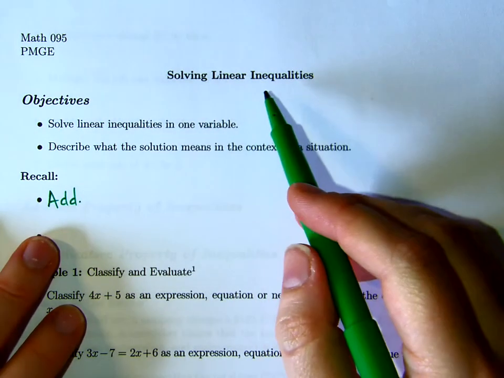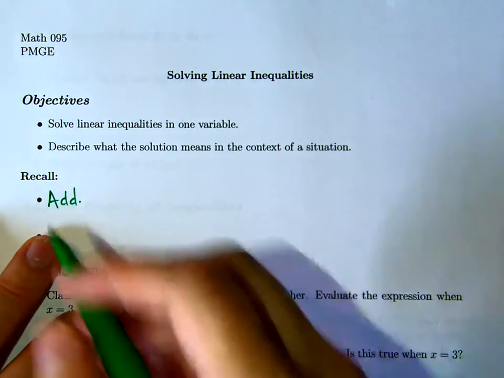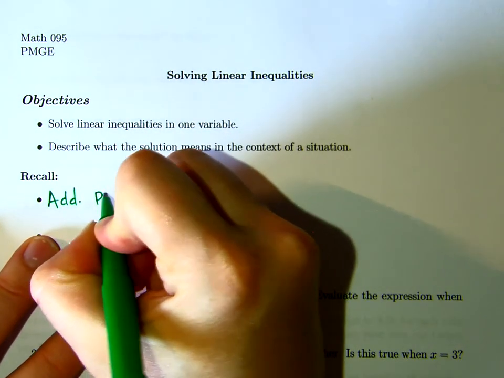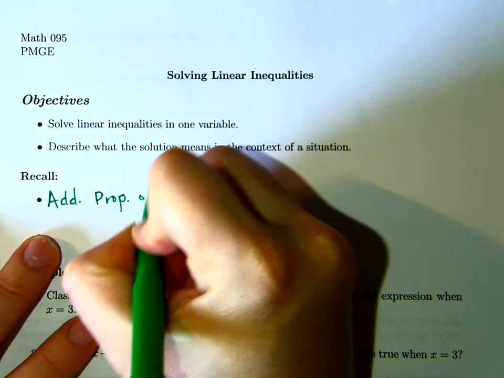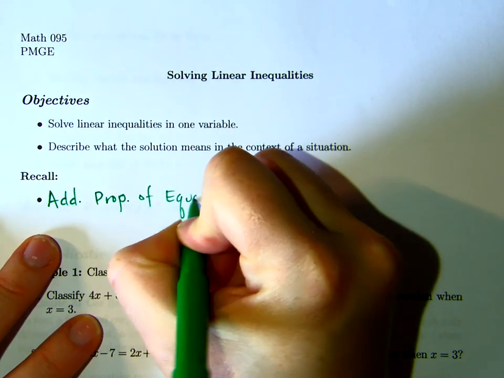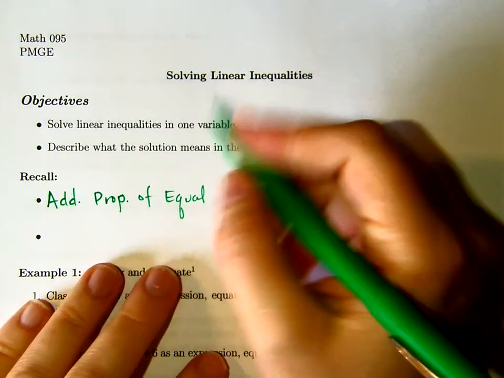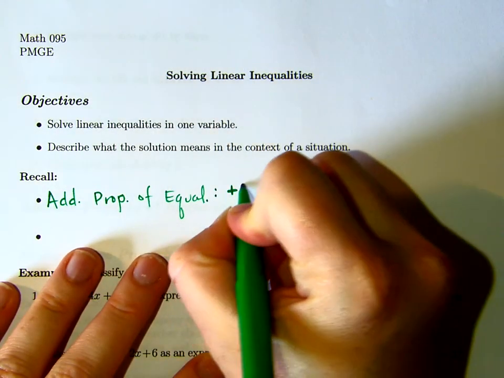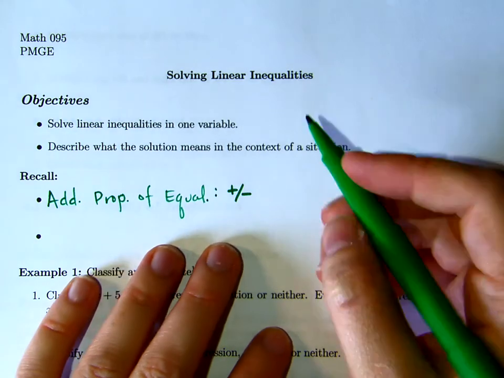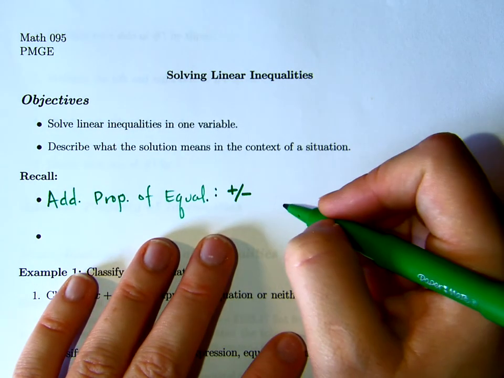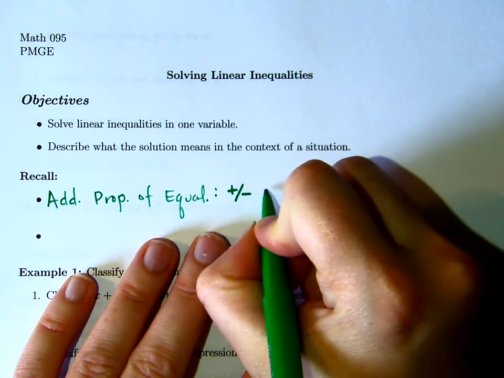Previously, when we were solving equations or equalities, we had the additive property of equality, and that said that we could add or subtract the same amount from both sides and it would still be equals.